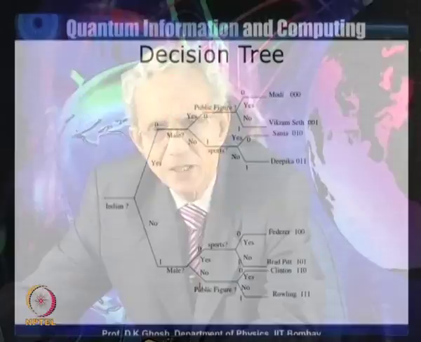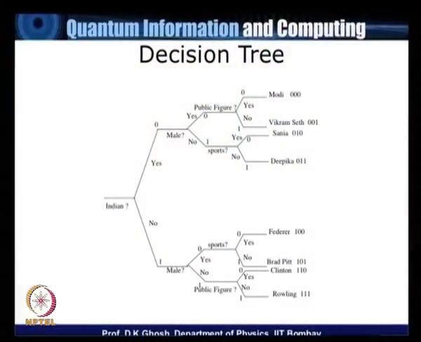Now, what I want to know is, supposing I want to select one person out of these 8 by going on asking questions, what I get is what is shown here in this slide. The question that we ask first is: is the person an Indian?